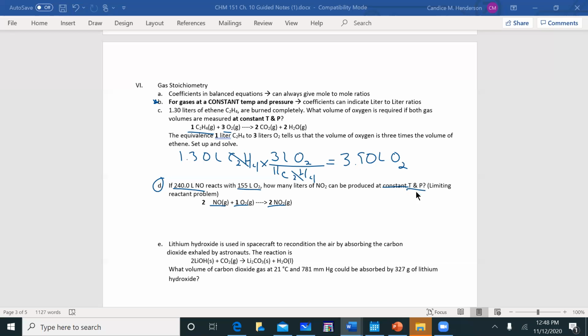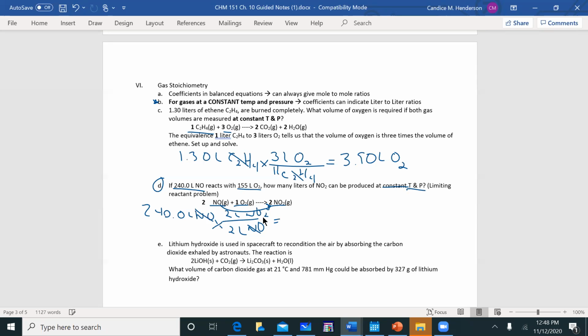All right, so just like the first one, I see this thing telling me, hey, it's constant temperature and pressure, and it's giving me information in liters. This whole equation is all gases, so I know I can jump liter to liter. So if I've got 240.0 liters of the NO, and I want to figure out what volume of NO2 I have, I just use my coefficient, which tells me that for every 2 liters of the NO, I will get 2 liters of the NO2.